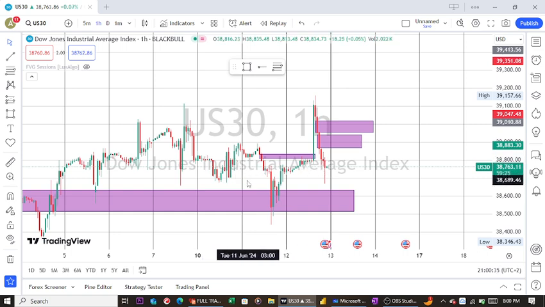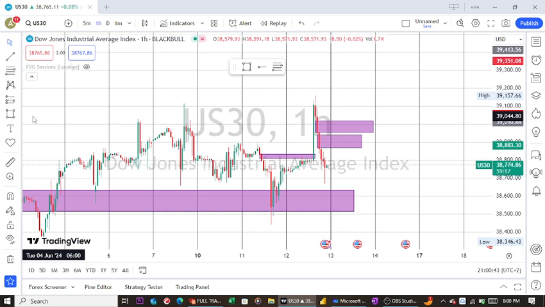One thing about fair value gaps is that most times they correspond with other blocks. So if you draw out your fair value gap, you discover that it's at the same level as an order block, and most times it also produces the same level a Fibonacci will give you.